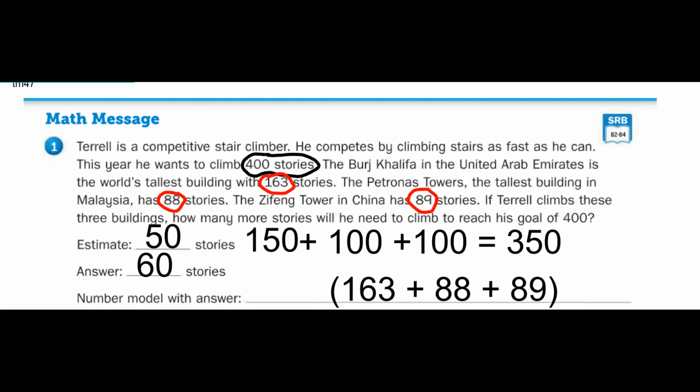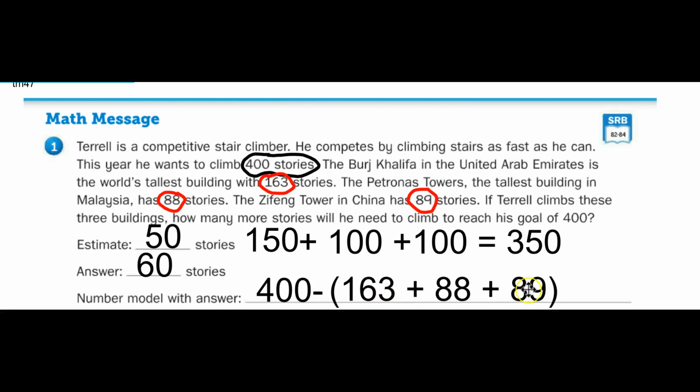Now, once I got that sum, you remember was 340, I had to actually subtract that from the 400 goal. So I'm going to put 400 minus 163 plus 88 plus 89.